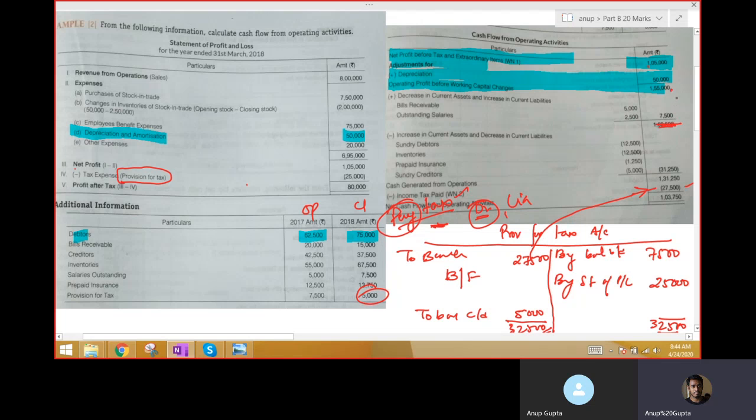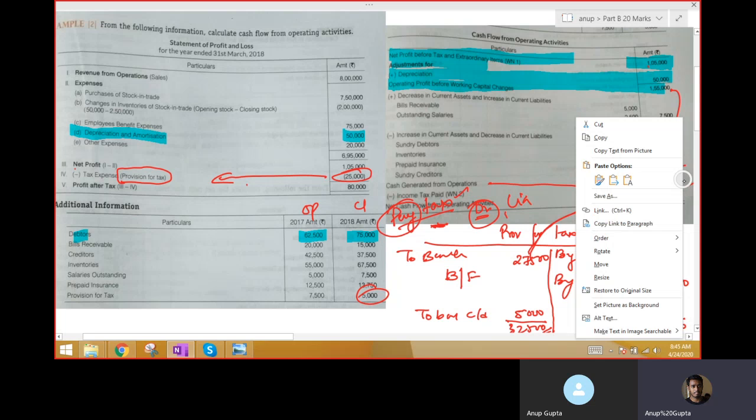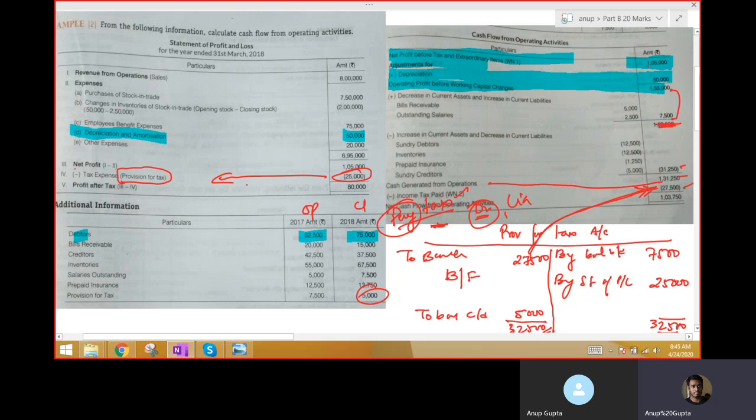Once you added this plus this and subtracted this, you got cash generated from operation. You have to pay tax. Tax paid will not be this, because this is a provision created. So tax paid will be the amount that you calculated from the account, that is 27,500. Then you subtract tax paid from cash generated from operation, and you get cash flow from operating activity.